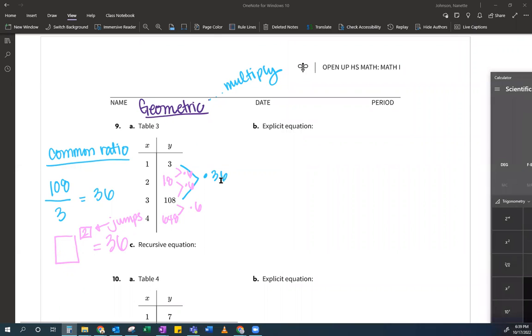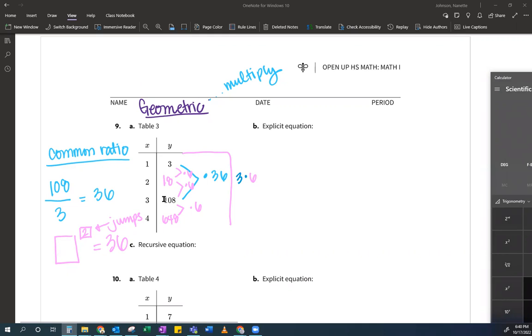If you know about me and my tables, I really like tables that show off this multiplying by 6. So I'm going to add another column right here past all of this. I'm going to write, I got this by 3 times that 6.